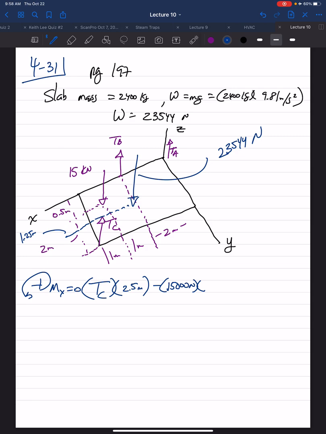Perpendicular distance there is 0.5 meters about the x-axis, minus the weight, and the perpendicular distance there, we said from the x-axis, is 1.25 meters. Set that equal to 0. TC is 14,772 newtons.